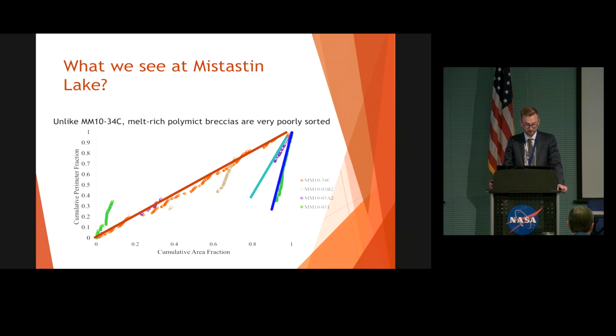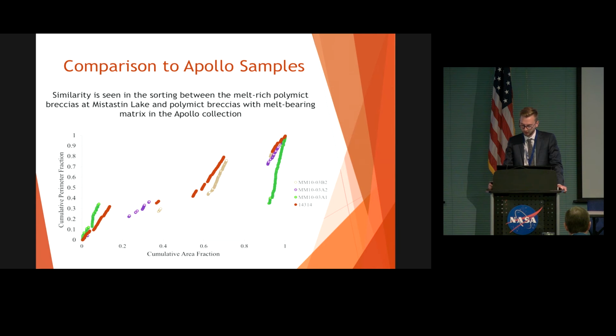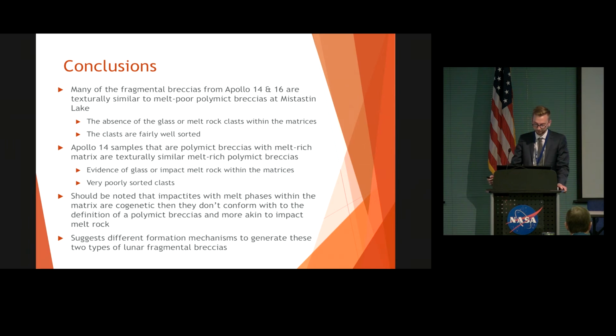When we compare this to the Apollo collection, we once again see that the samples that have no evidence of melt within the matrix are very well sorted, whereas those that do are very poorly sorted, similar to the melt-rich Polymict Breccias at Mistastin.